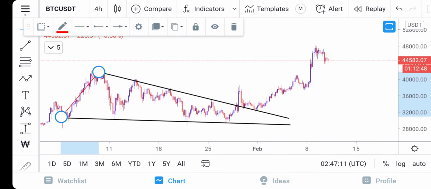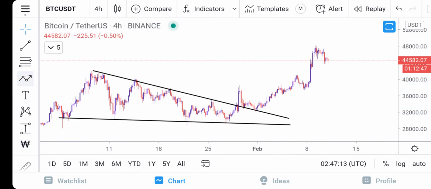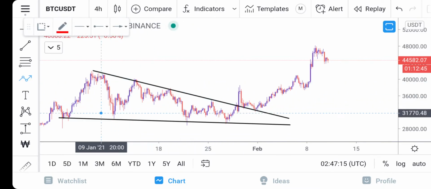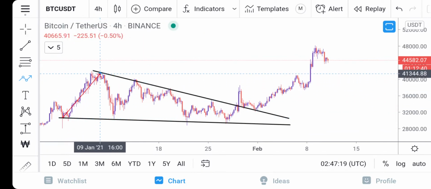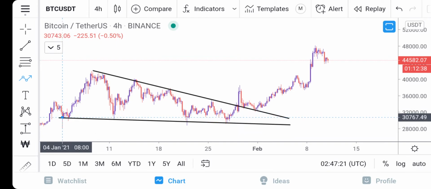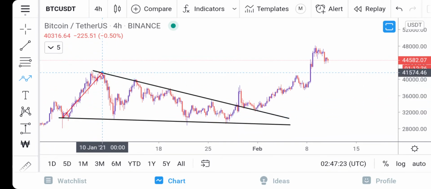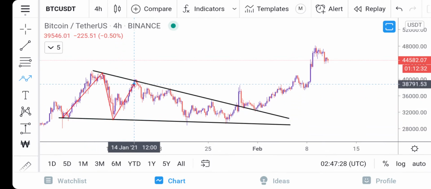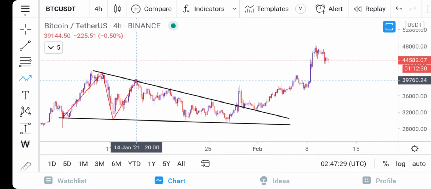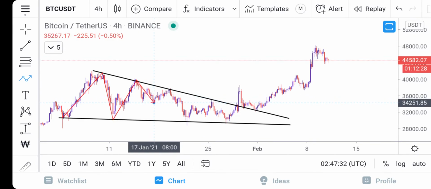You buy support, the price moved from support here to resistance, back to support, to resistance in the chart pattern, which is a falling wedge.